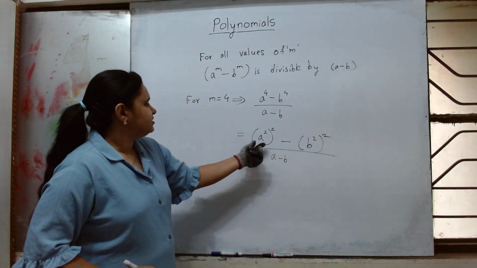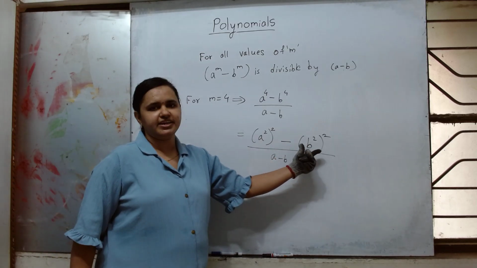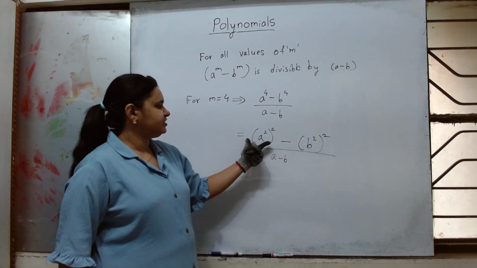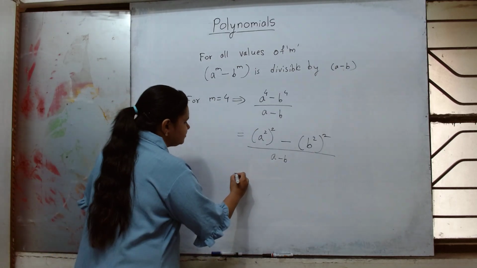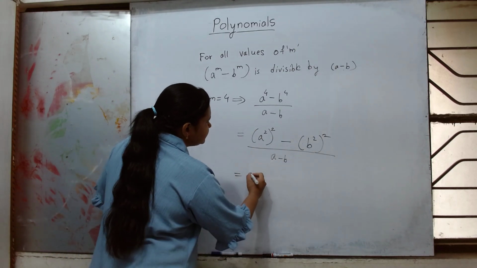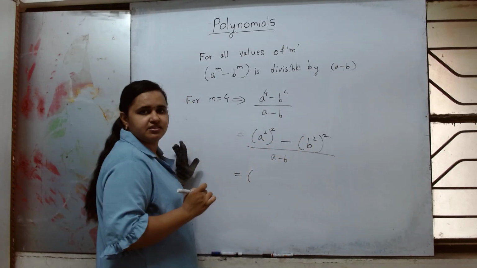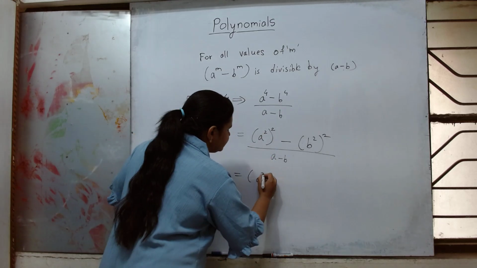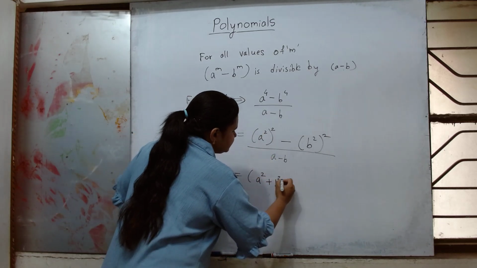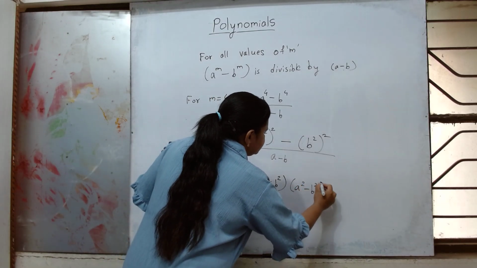Here a square we can take as a and b square as b, so this is the formula of a square minus b square. We can expand it as a square minus b square into a square plus b square, upon a minus b.